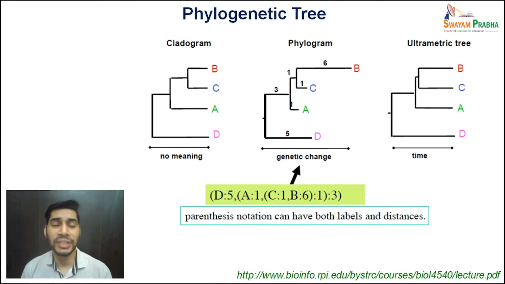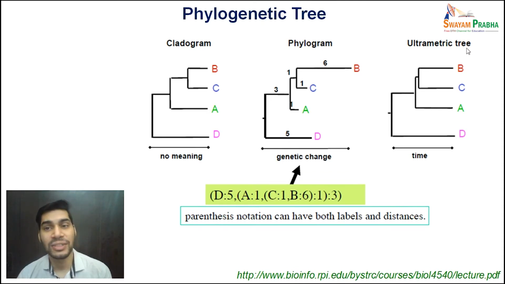Now, three broad categories we can have of the phylogenetic trees based on the branch length. If the branch length does not convey any meaning, it is simply a cladogram. If the branch length represents the genetic change, the amount of change of character, it is called a phylogram.